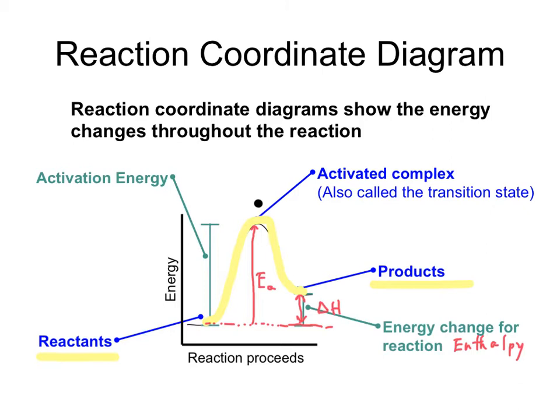And we will learn that when you have an uphill curve, like we see here, that you will have a positive value for delta H, and that will tell you that you are actually looking at an endothermic reaction. What that means is that those reactants must gain energy from the surroundings to get over the hill.